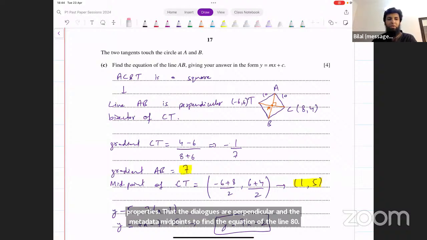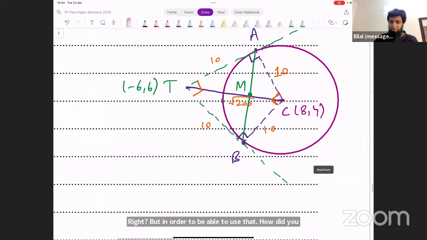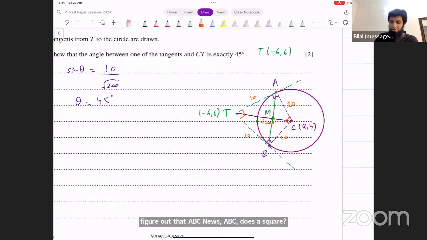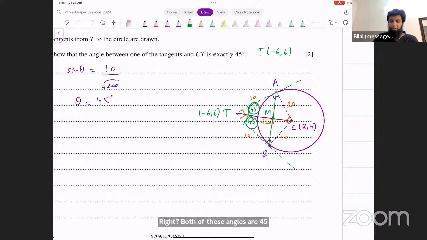But in order to be able to use that, how did you figure out that ABCD is a square? Let me just repeat that. We proved in the previous part that this angle was 45. If that angle was 45, the other angle is also supposed to be 45, right? Both of these angles are 45. What's the total?